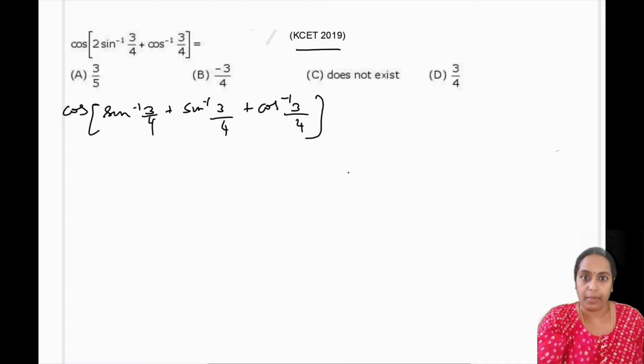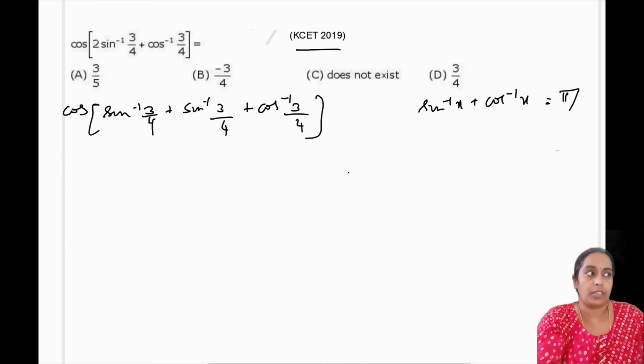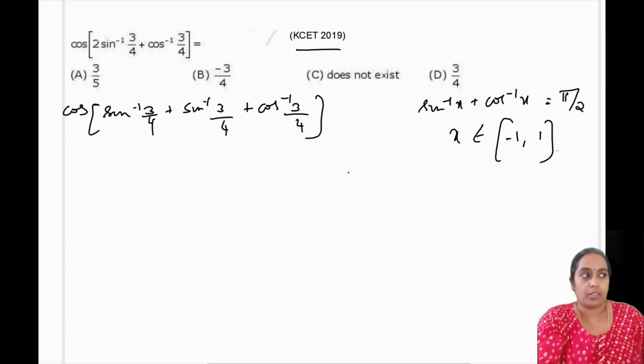So now why am I doing it? So we have the property sine inverse x plus cos inverse x equals pi by 2, where x belongs to the closed interval minus 1 comma 1. So when you look at 3 by 4, x is 3 by 4 here. 3 is the numerator, 4 is the denominator, so which means it is less than 1. So we can use this.